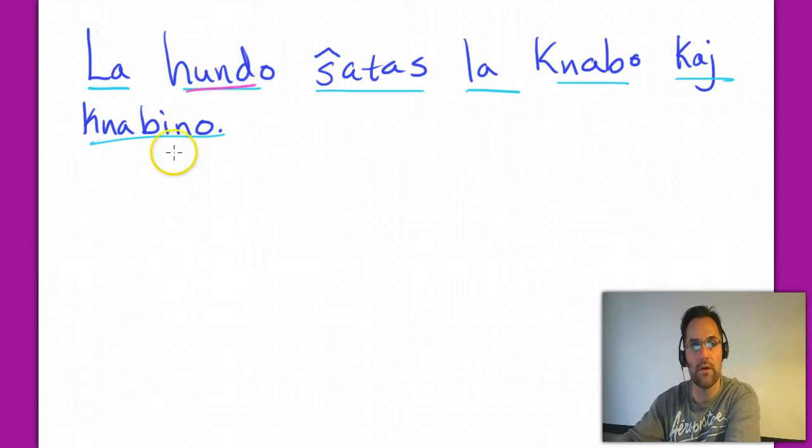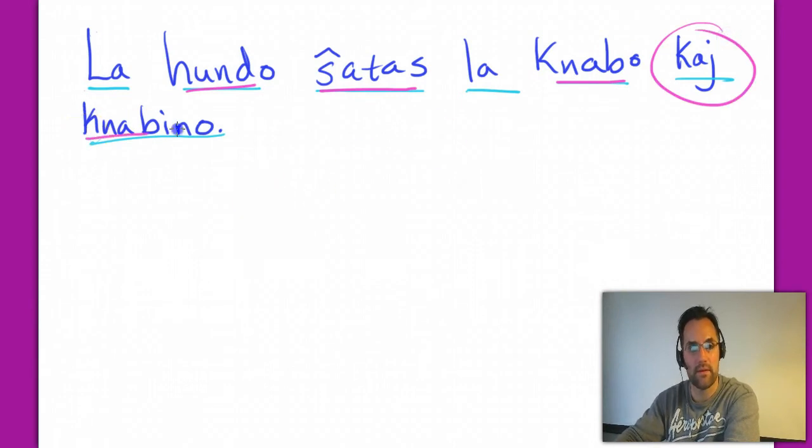Here's our dog. He has a transitive verb, right? He's acting on knabo and knabino. So the in, right there, let's circle that. The in is the feminine of boy, so girl. So that dog likes the boy and the girl.